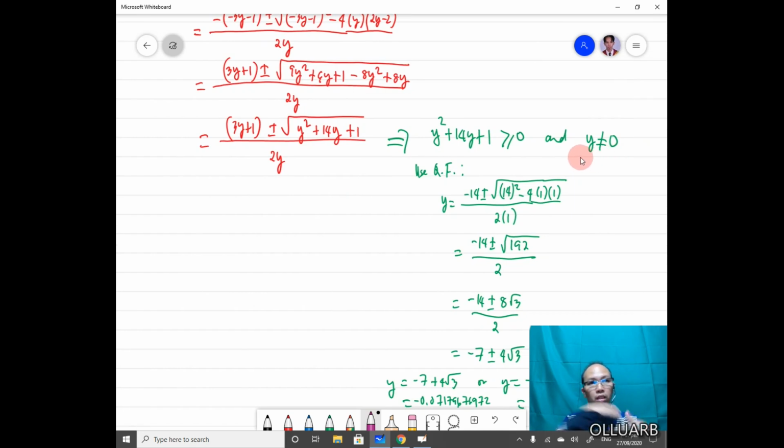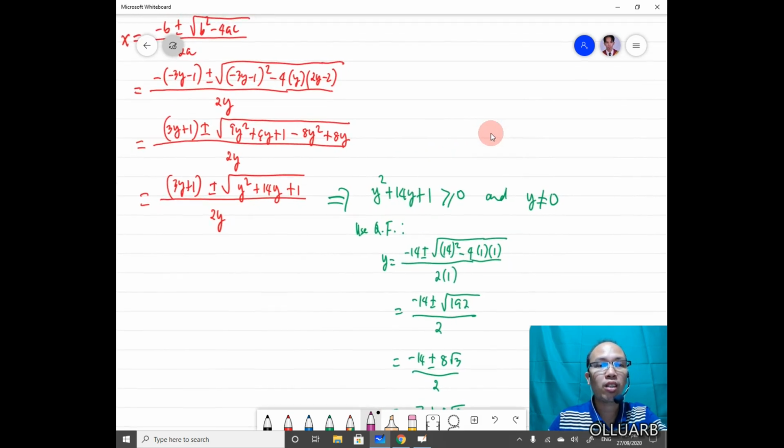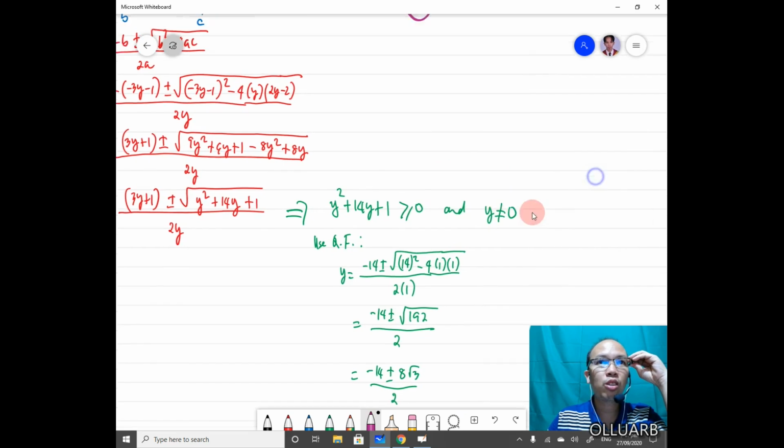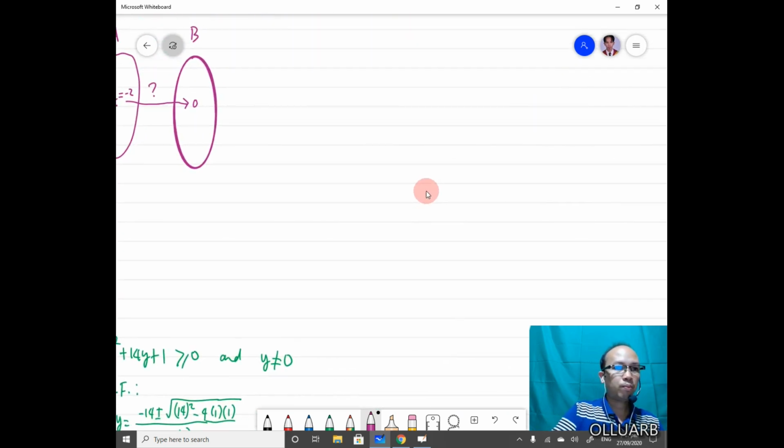But based on the calculation and the analysis, you will see that 0 is included. So be careful for that. There are times that you will exclude or not include it. It depends upon the equation. So we analyze the situation, and we see that that's really the case. So be careful. So let's start the last problem.